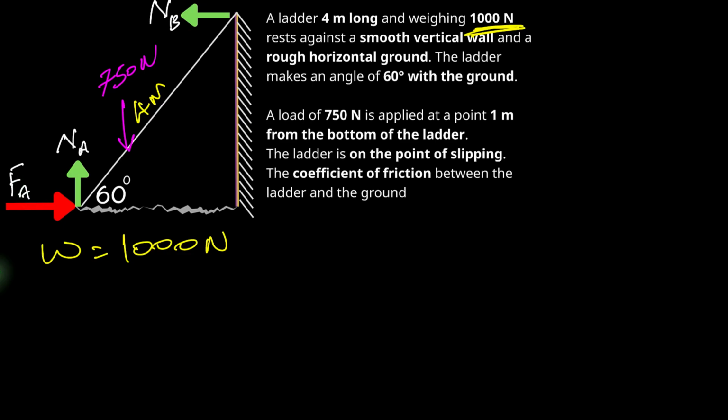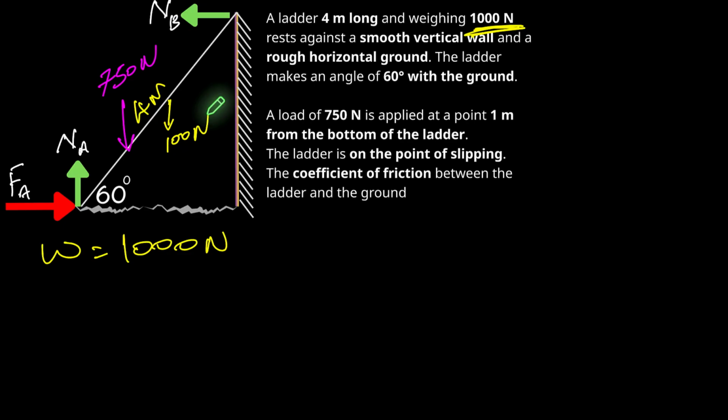So in terms of the ladder's weight, where you would add this on your free body diagram, that would be halfway up the ladder because it's going to act at the center, similar to how we treat UDL. So I'll just add this somewhere here as 1000 newtons. And I've already added that 750 Newton load that acts 1 meter from the bottom.